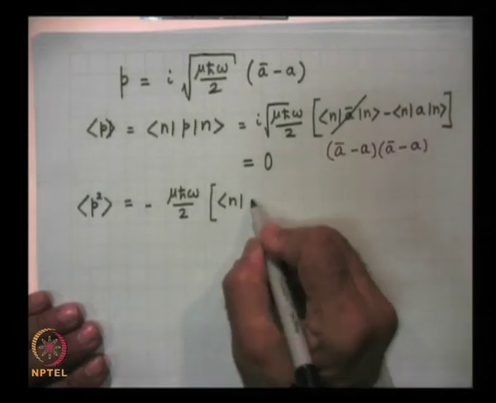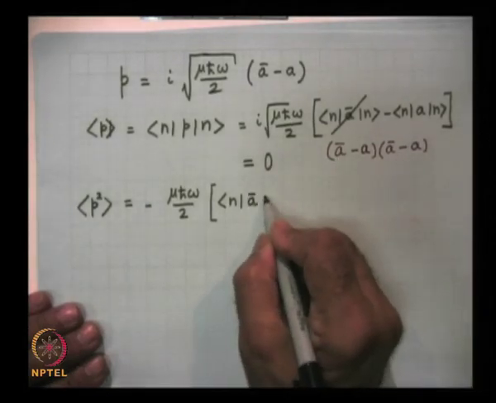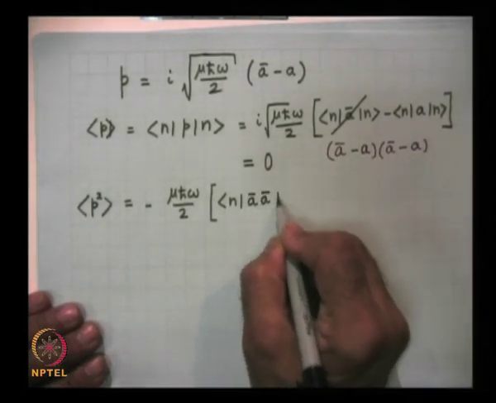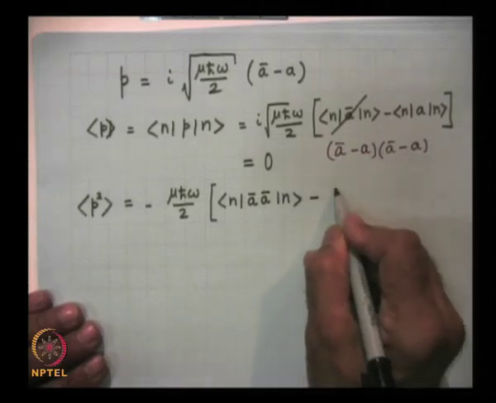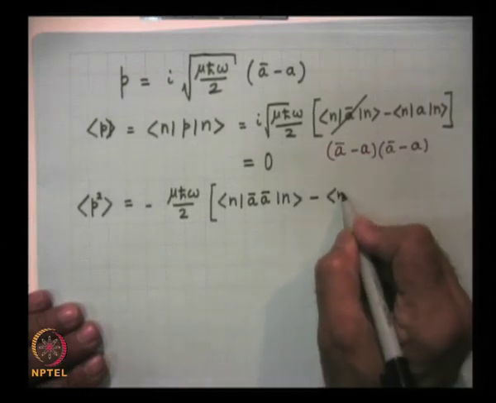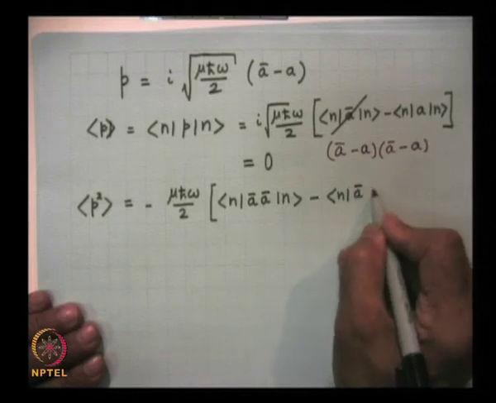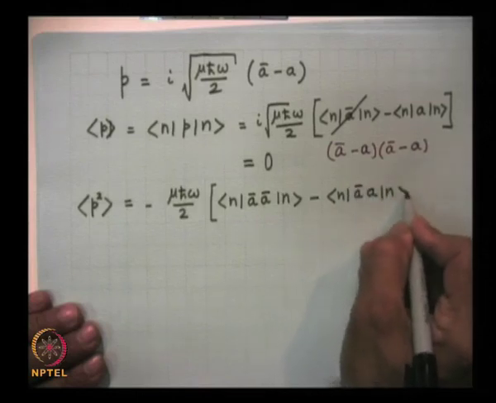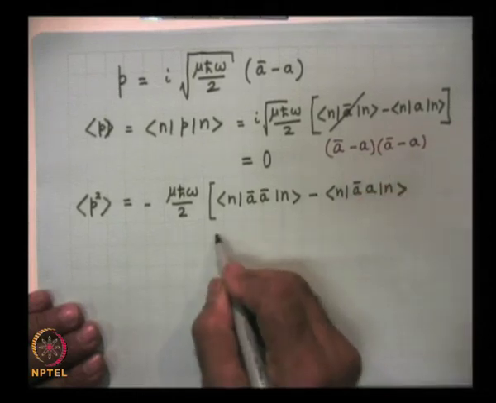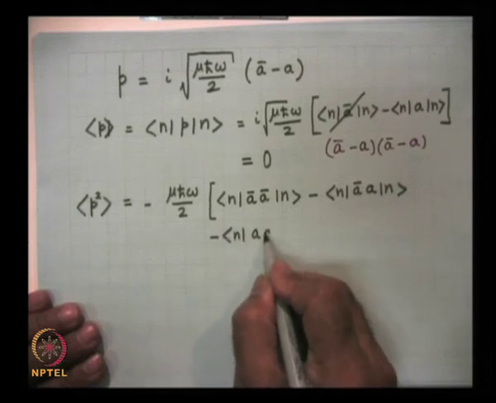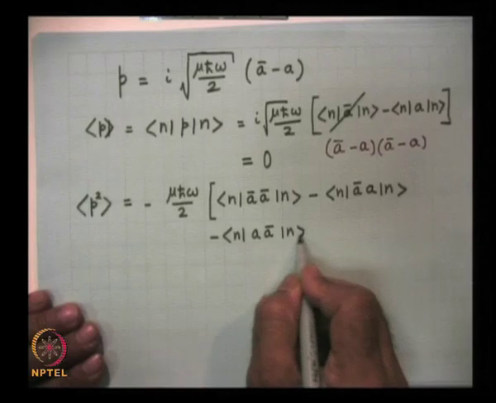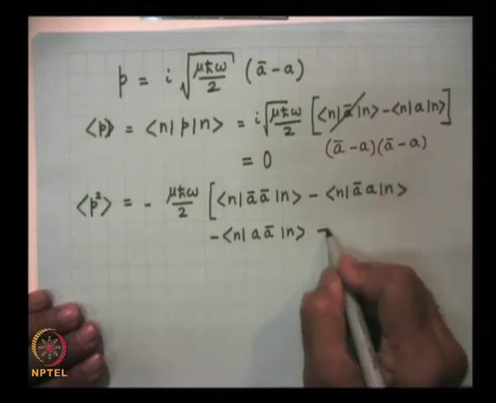So, A bar, A bar ket n, then this operating on this will be minus n A bar A ket n, then this term minus n A A bar ket n, and then this operating on this will be.